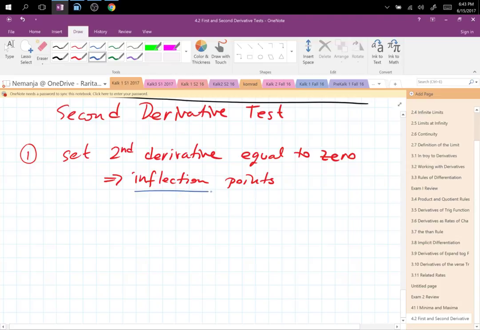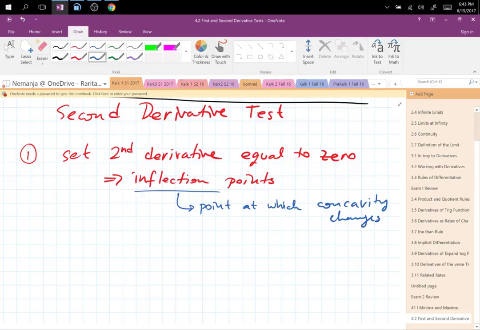An inflection point is a point at which concavity changes, from concave up to concave down, or from concave down to concave up. So the first order of business is you find the second derivative and set it equal to 0. The points you get are called inflection points.